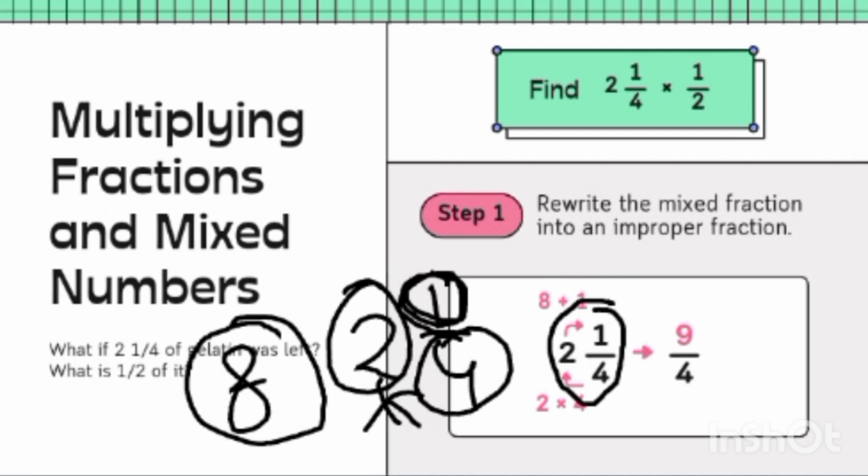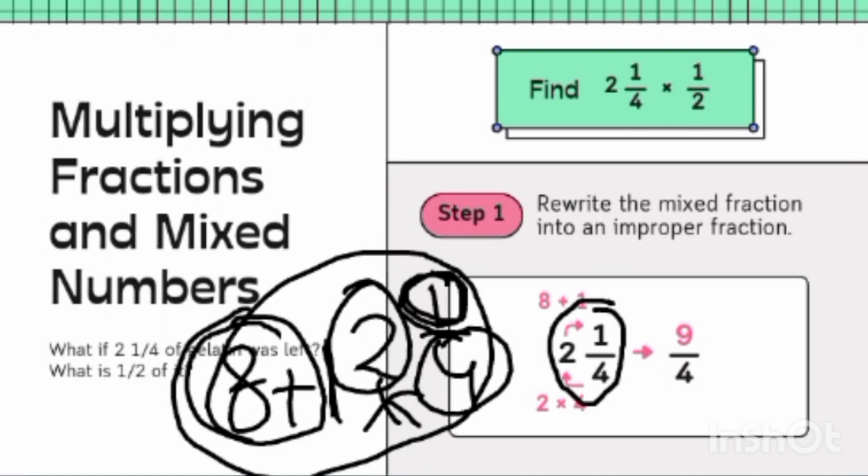So when you add 1 with 8, you will get 9. Whatever number you get by doing this whole calculation, you put that number in your numerator. Like we got 9 here, so you put that 9 over there.